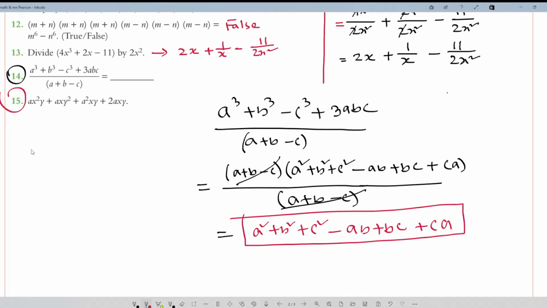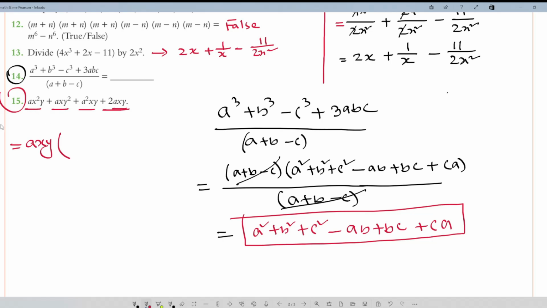Number 15. So this one we just simplify. ax square y, axy square, a square xy, 2axy. So first we have to find out what is the common thing. Everywhere is a, x and y, so the smallest thing is axy, so we can write axy.